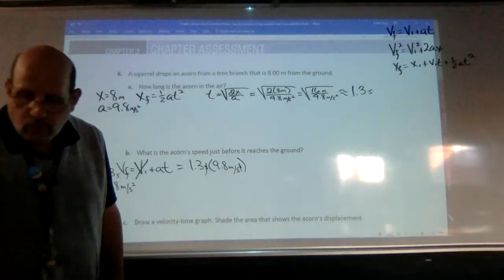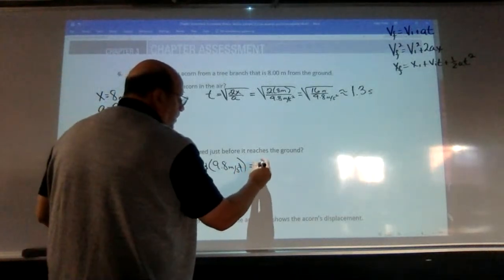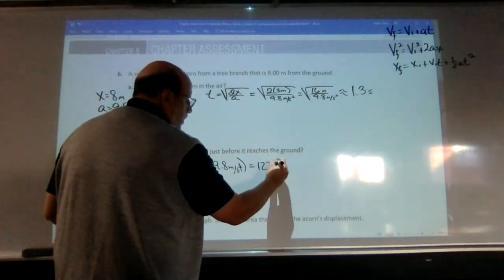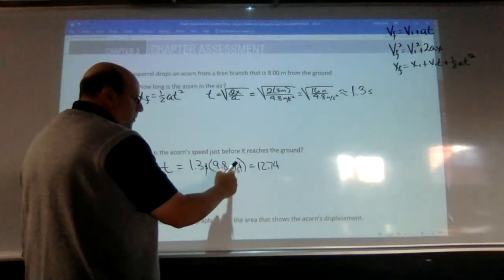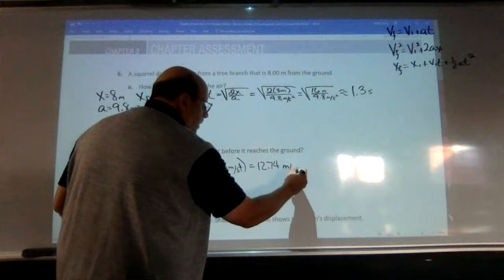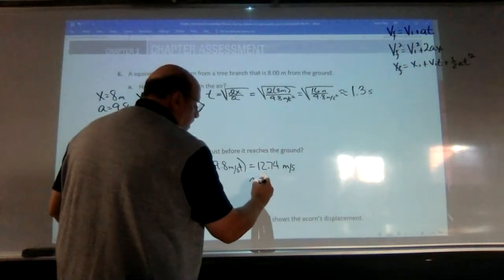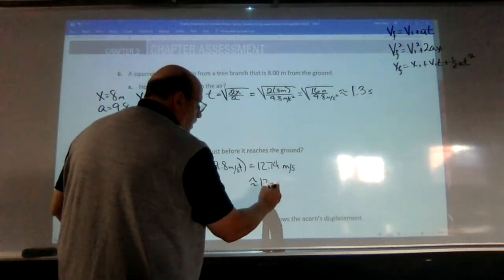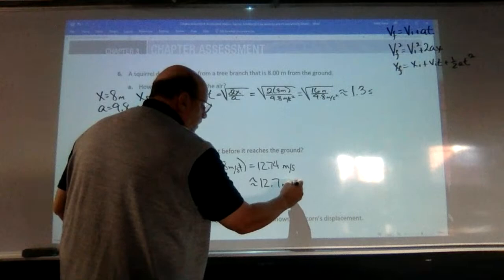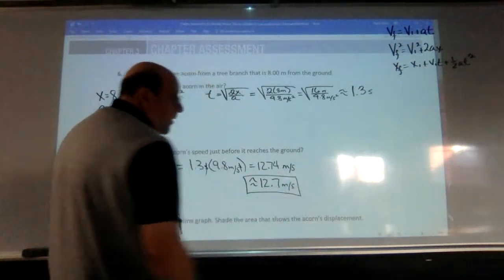We get 12.74. You saw that this seconds cancels out with one of those, so we are in the correct unit, meters a second, but I'm going to say round it to 13, and there you have it.